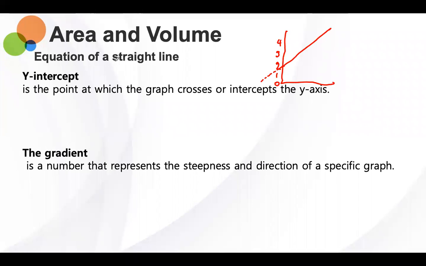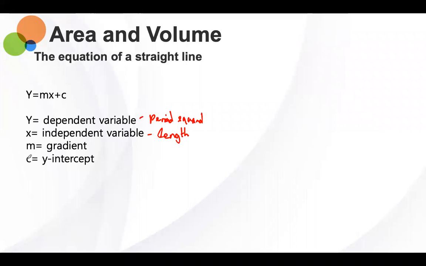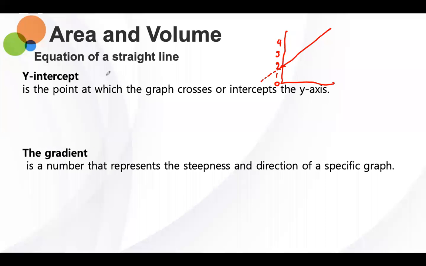To me, it's on 2. So in this case, remember that the y-intercept is the c. So the y-intercept c is equal to 2. It's the point at which the graph crosses or intercepts the y-axis.